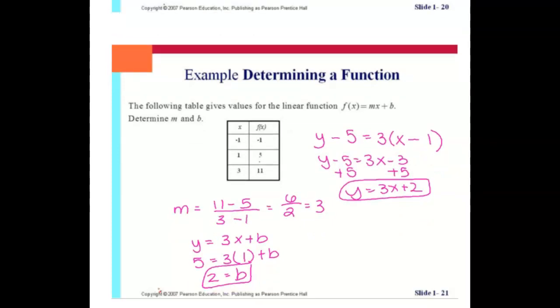Okay, in unison, and on the count of 3, shout out your slope. 1, 2, 3. Yeah, I should have stopped at 2.